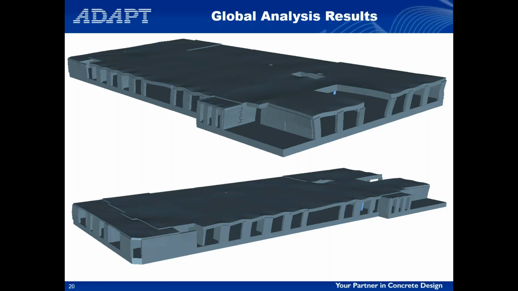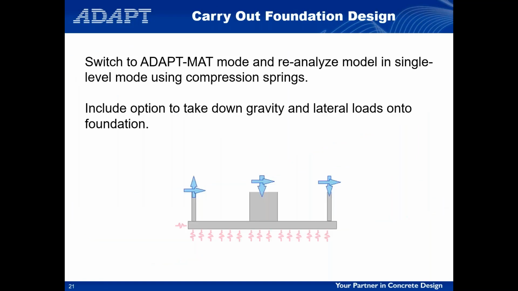So this is giving us our baseline of how we're transferring those loads down to the foundation and into the vertical supports that we want to design. So we're kind of done. We're only using the global to distribute the loads and calculate the forces in our members. Now we're switching gears and we're going to complete the design of the foundation level.